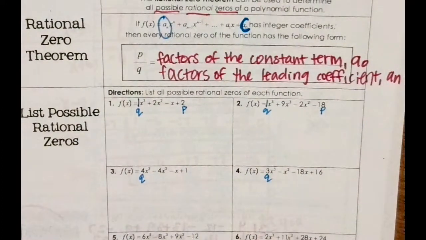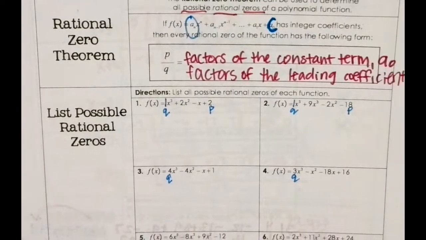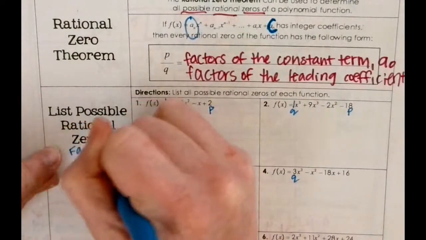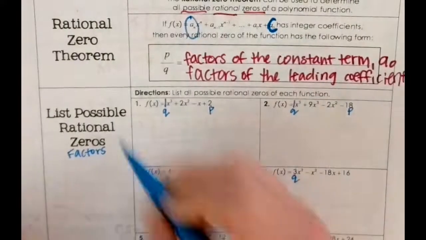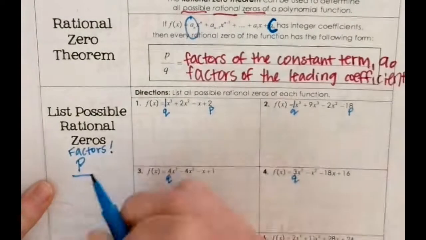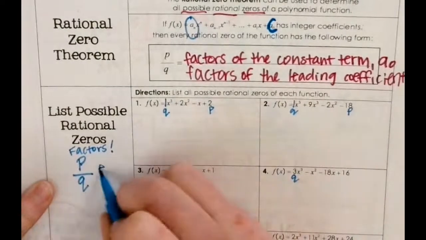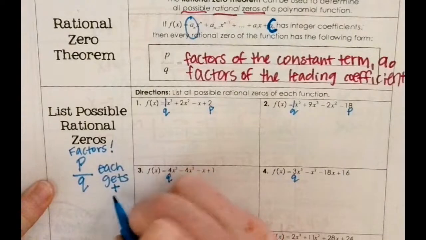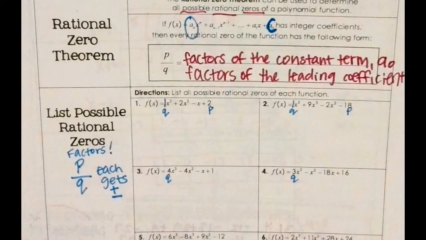Okay? So when we're listing all possible rational zeros, we need to write the factors. First we'll write all the factors of p over all the factors of q, and then each gets a plus minus. So it could be plus minus 2, or plus minus 1, or plus minus 3, so on and so forth.